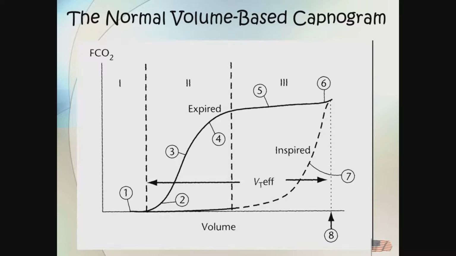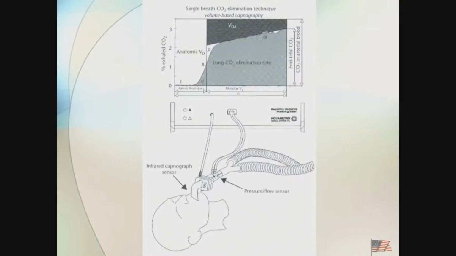It's actually getting to the alveolus. So it's fractional concentration, and it could be partial pressure, whichever, against volume. And there you can see I have an infrared capnograph, and I have a pressure differential pneumatic measuring flow, and I'm able to display those various areas, as we'll find.